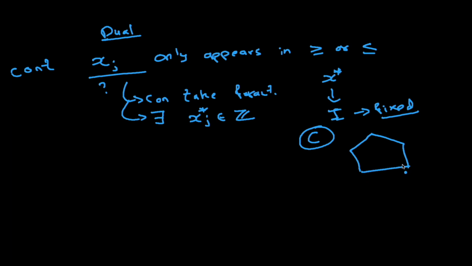Not in 2 dimensions, but some polyhedron, which basically means that whatever the current assignment is, say this x star, it is possible to move it to one of its vertices and we still keep the same objective value. So it is possible that we can move to one of these vertices. This is the optimal face.